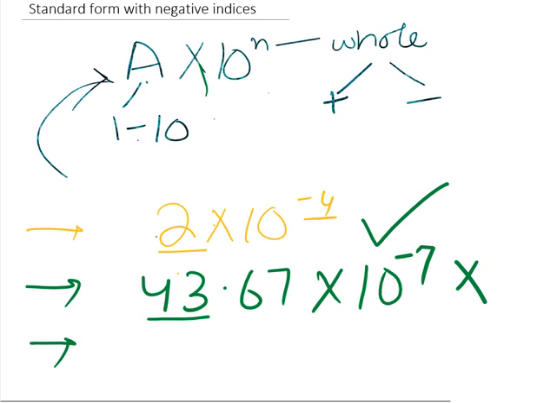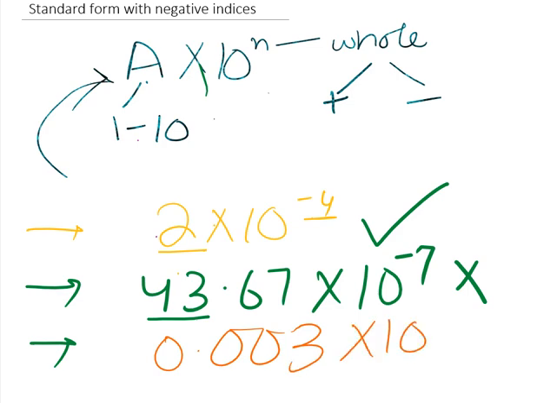Let's take another example, 0.003 times 10 raised to negative 3. Again, our front number is not between 1 and 10, so we conclude that it's not in standard form.